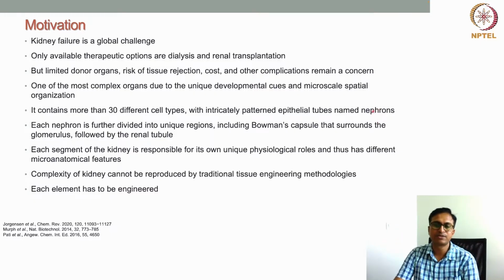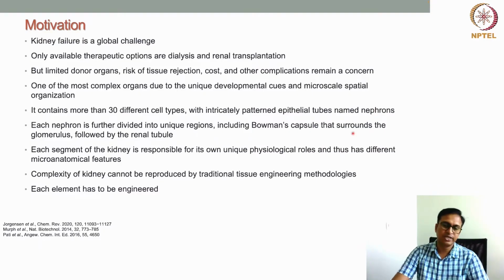The first part is the filtration unit called Bowman's capsule, which surrounds the glomerulus, where the filtration of the blood actually happens. From there, the filtered solids that go to the urine pass to the renal tubule.